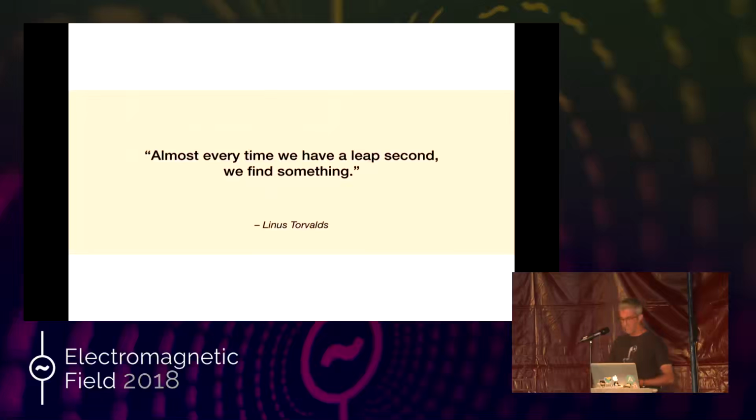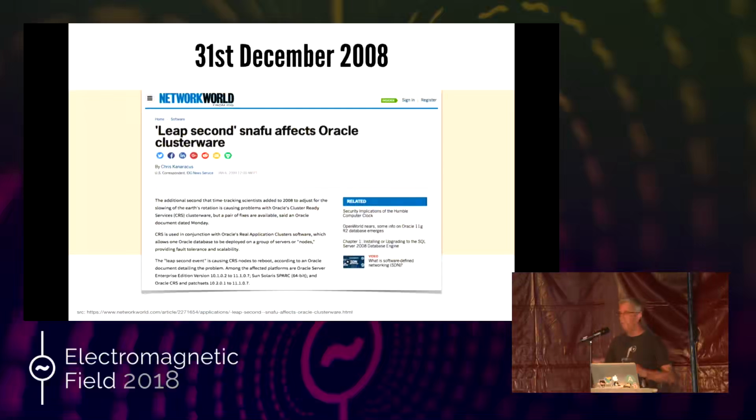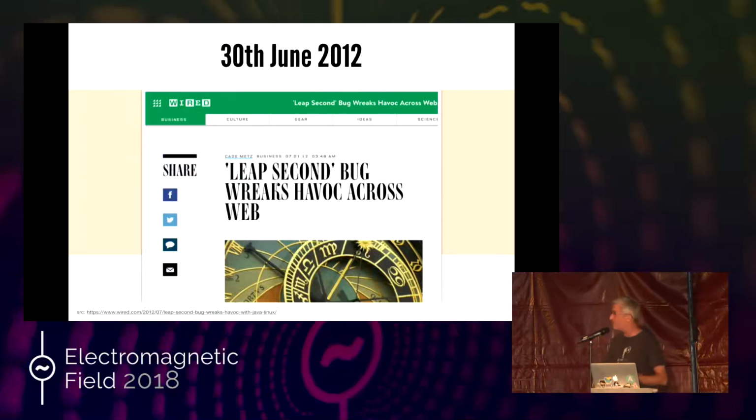We have trouble with them. Almost every time we come around, there are some problems. About 3 leap seconds ago we had this, and Linus was saying, we always find something. There are so many different intercompeting systems that we come across. So I've tried to pull a few examples together. The 2008 leap second: Oracle and Sun had some issues. In 2012, this was a big one.